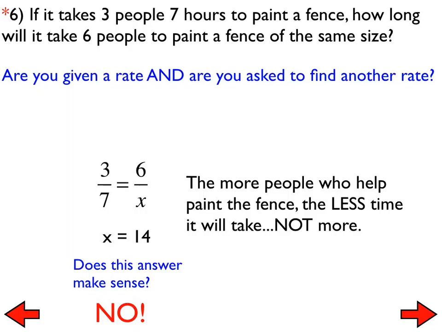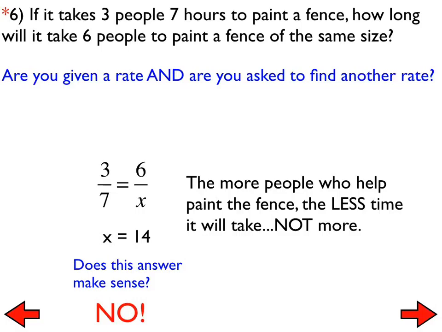If it takes 3 people 7 hours to paint the fence, and now you have double the amount of people, you now have 6 people painting the same fence, is it going to take longer or less time? Less time. So it's not going to take 14 hours with 6 people, unless you have some really slacking off workers that are painting backwards and you have to redo it again or something, right? It should be faster with more people. So this answer again does not make sense.